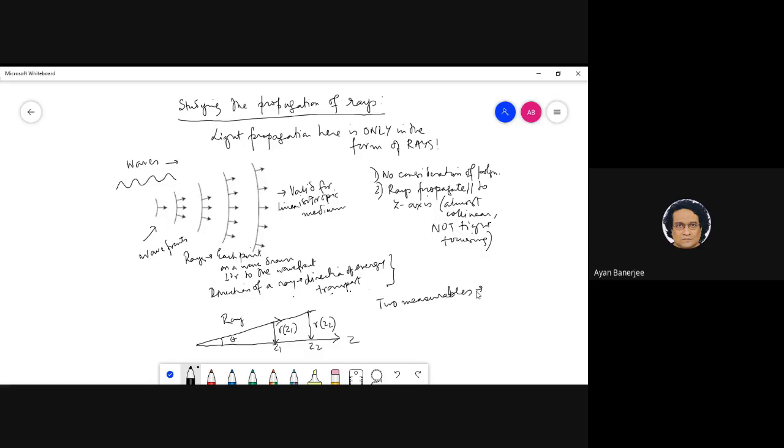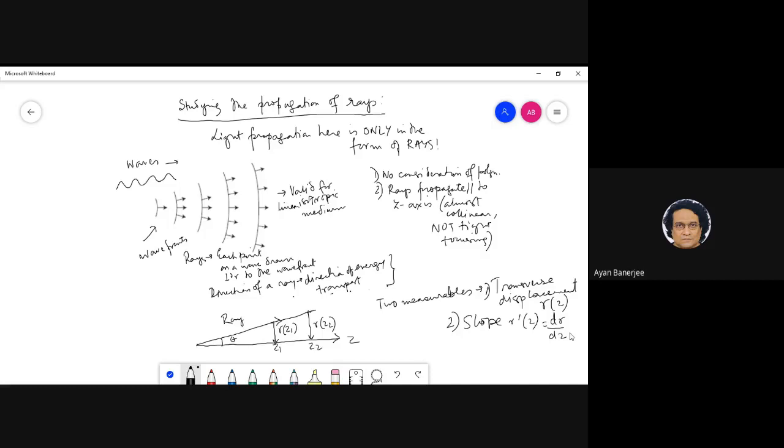So there are essentially two measurables. One is the transverse displacement R of Z, and the other is the slope R dash Z or dr dz.